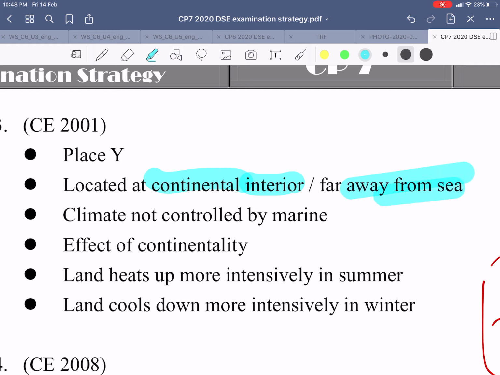As I said before, the climate is not controlled by the marine influence, and then the continentality. Wow, very hard to pronounce. So it heats up more intensively in the summer and then cools down intensively in the winter, which is more or less similar to what I've said before. So please bear in mind.